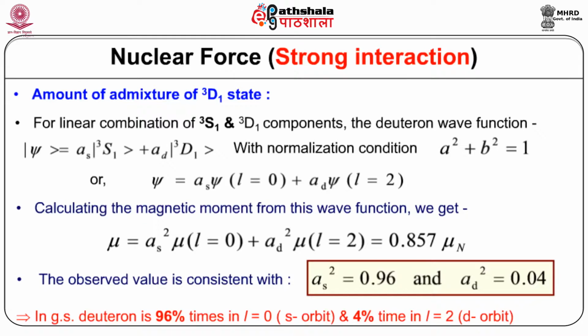That is the amount of admixture of 3D1 state for a linear combination of 3S1 and 3D1 components. The 3S1 component is because of the L is equal to 0 contribution, and the 3D1 component is due to the L is equal to 2 contribution. So for a linear combination of 3S1 and 3D1 components, the deuteron wave function is given by psi is equal to a psi 3S1 plus b psi 3D1, with normalization condition that a square plus b square is equal to 1.